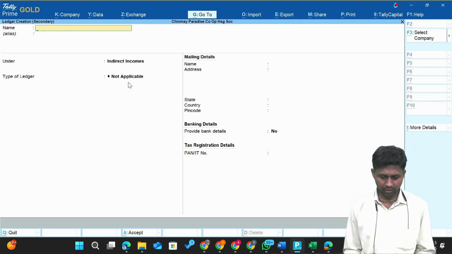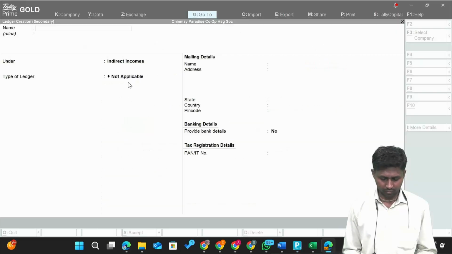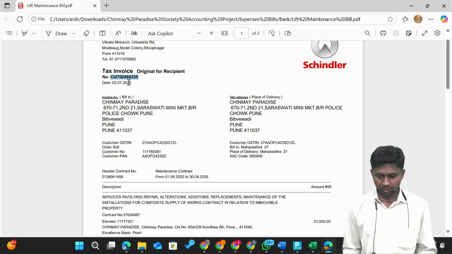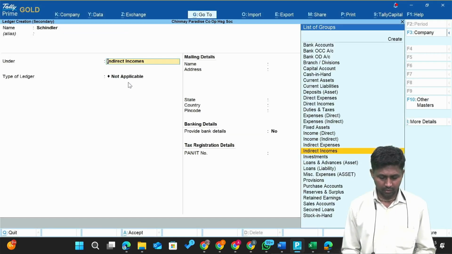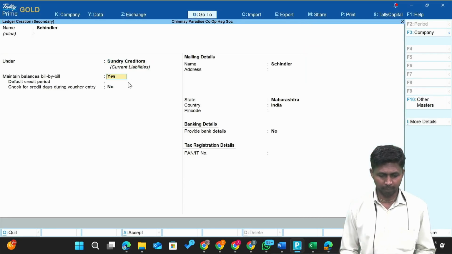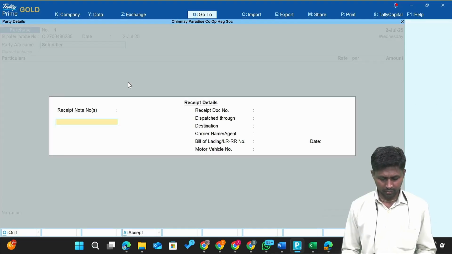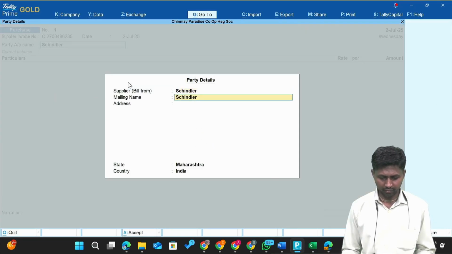We don't have that Schindler company. Schindler. We have purchased services from this company, therefore sundry creditors. Bill by bill, yes. Credit period of Schindler, we don't know. Accept it. These details we don't have.